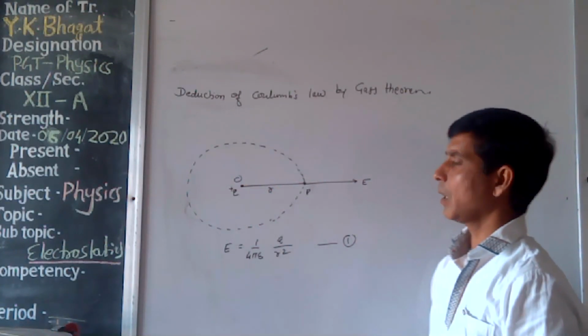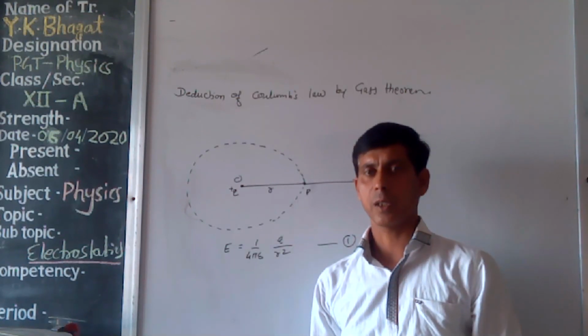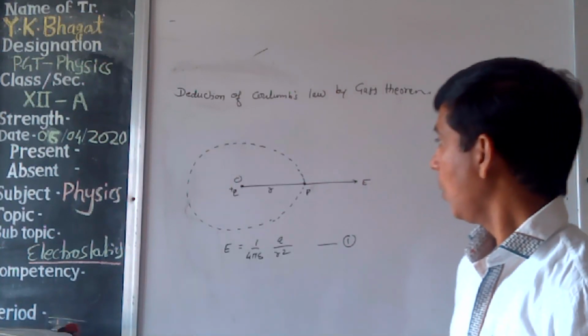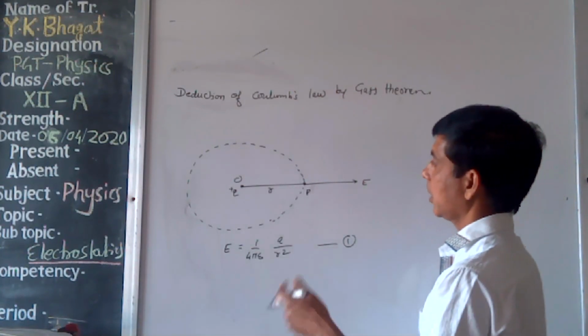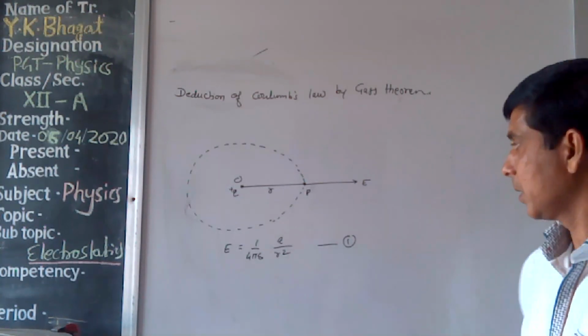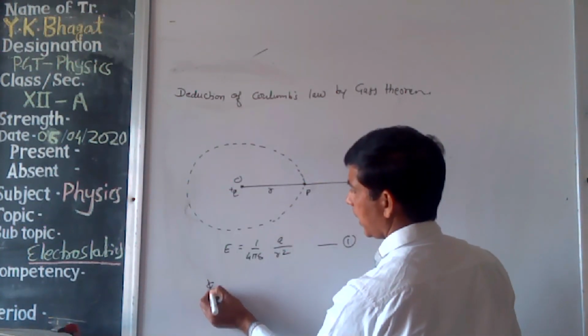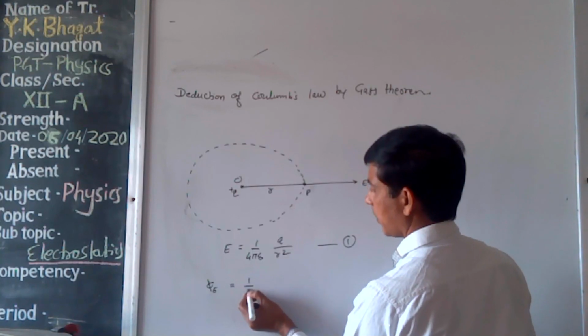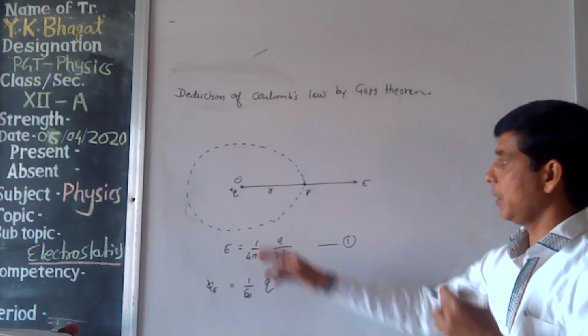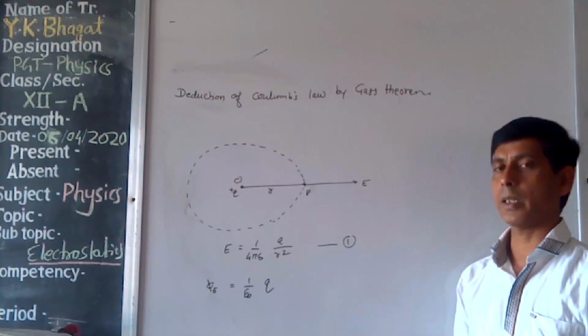Because we have to apply Gauss theorem, and Gauss theorem is applicable in a closed loop. Now we find the electric flux through this area. According to Gauss theorem, phi E equals 1 upon epsilon naught times the sum of total charge. We have only one charge q, so we can directly write q.